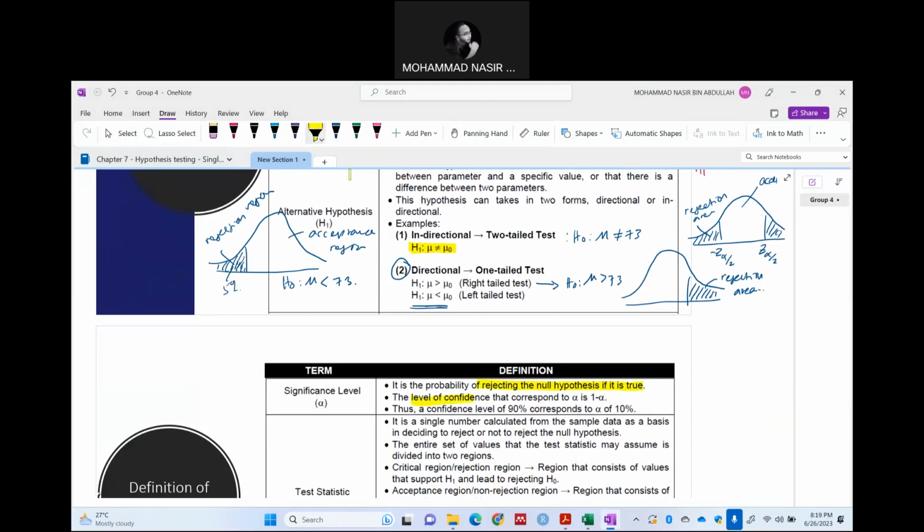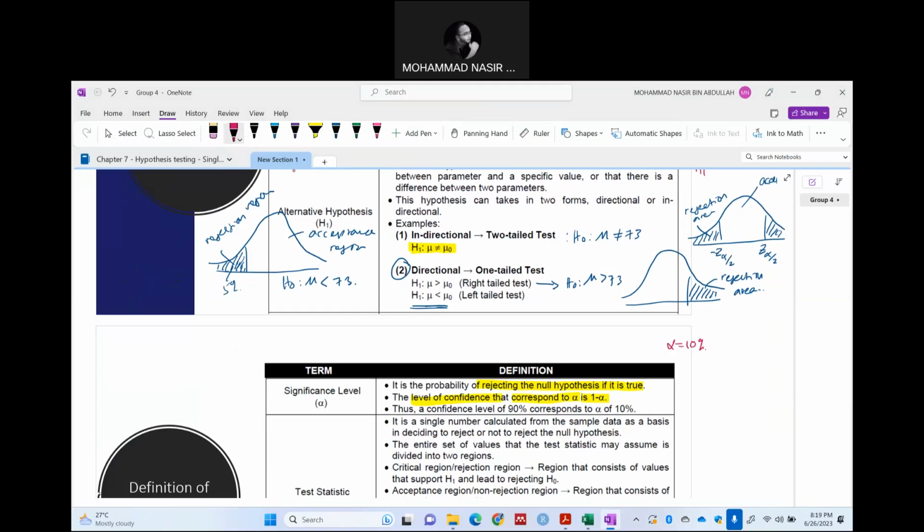The level of confidence that corresponds to alpha is 1 minus alpha. Means that if you want your test to be 90% correct, right? So the balance of 90% is 10%, right? So alpha will be 10%.